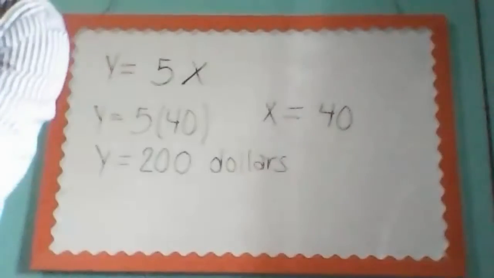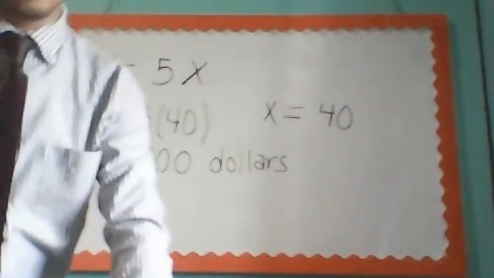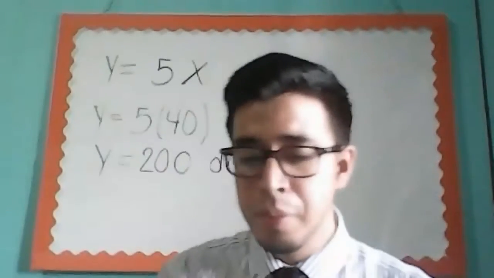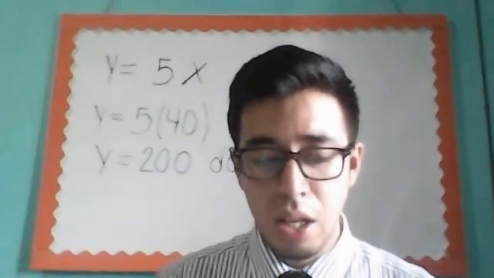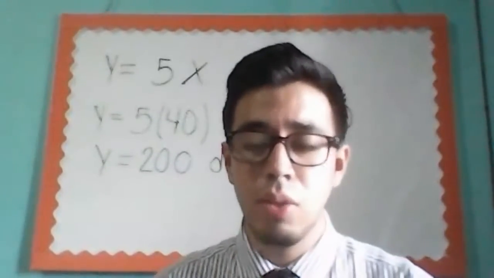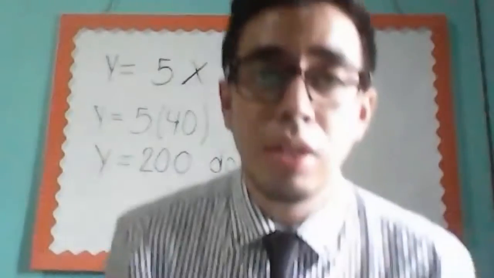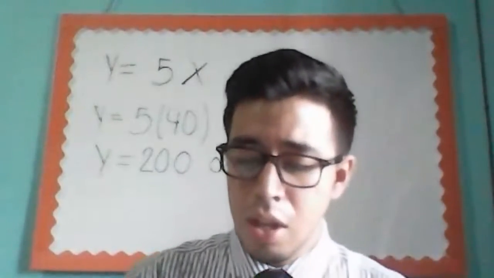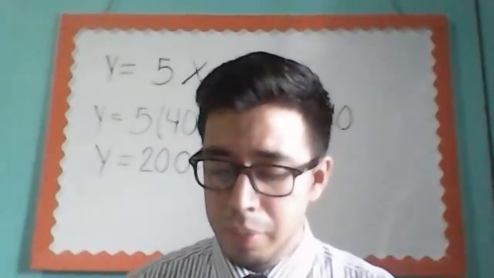We can graph this, but I think that in this topic we are not solving graphs. We graph in 3.4. So we start solving graphs on Wednesday, I think. So you can see the example 1.